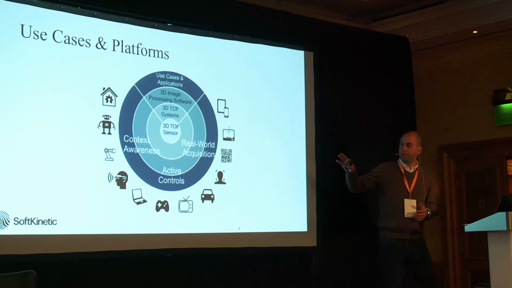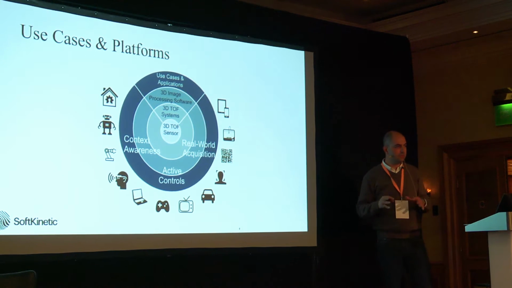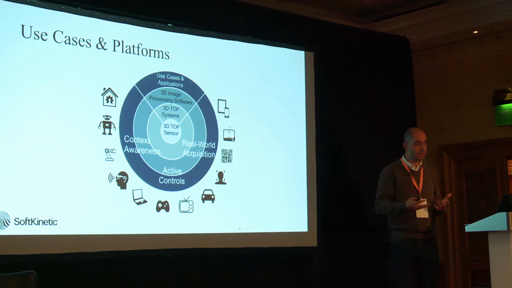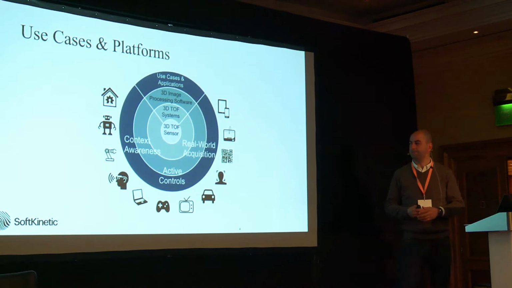You also have what we call context awareness, and that's the opposite. That's when a device using depth sensing technology is monitoring what's happening in the scene, in the room, or in the car, whatever.